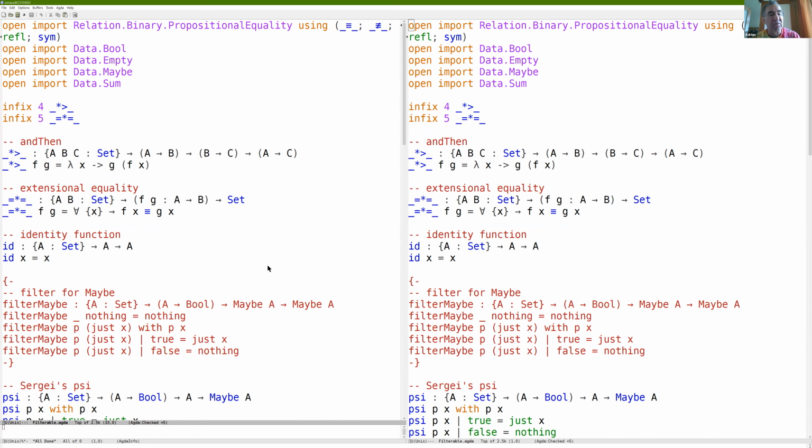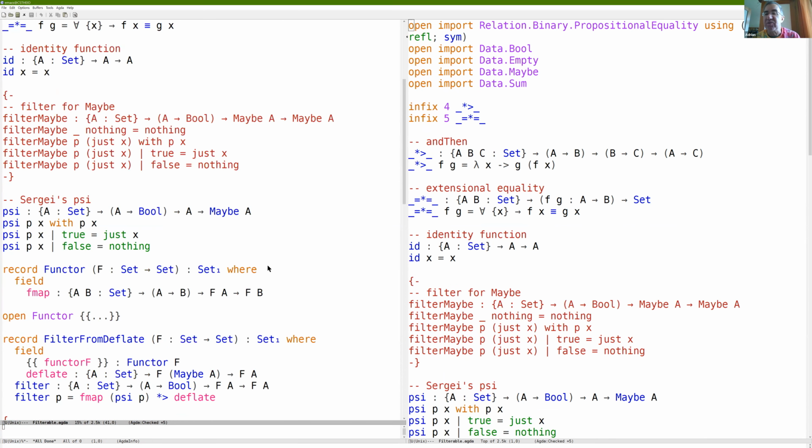And Agda doesn't do partial functions, at least not in the same way that Scala does. You can't throw an exception. So the normal way to do a get on a maybe would be to return a maybe. That is, it would be the identity function.